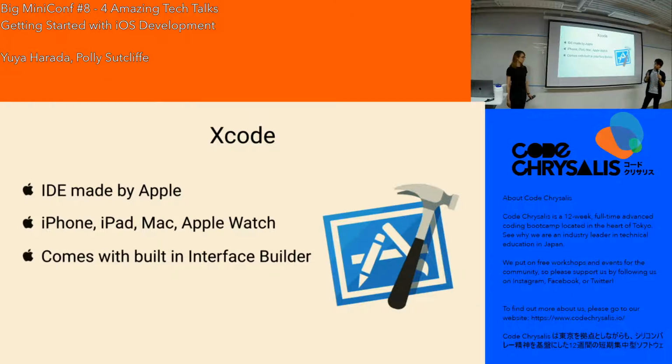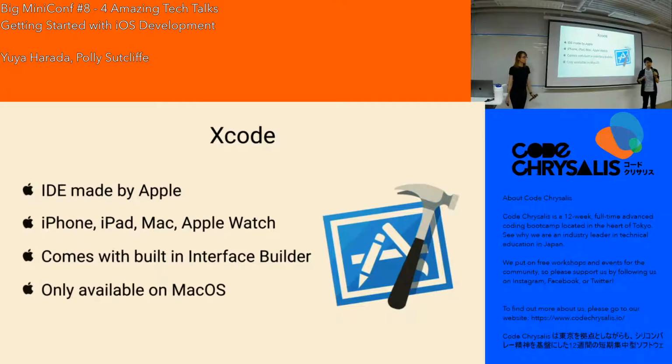Since it's made by Apple, it might not be too surprising to hear that it's only available for Macs. So sorry for Windows users, but if you want to try Xcode, you need to get hold of a Mac from somewhere else.